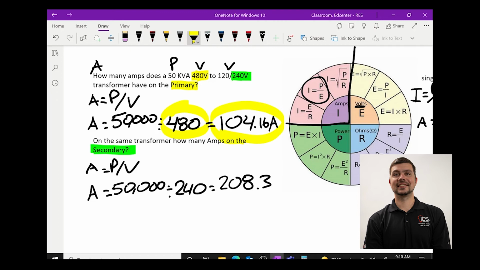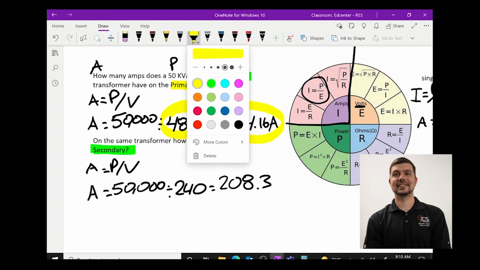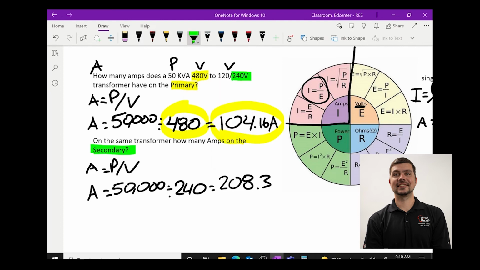You're just changing the voltage, and you're having so many amps to give you that amount of power. And then down here, you're going to have the same 50,000, but now 240. Because you have half the voltage, you're going to have double the amps. To give you the same amount of power, you multiply them together, and it gives you that same 50,000.